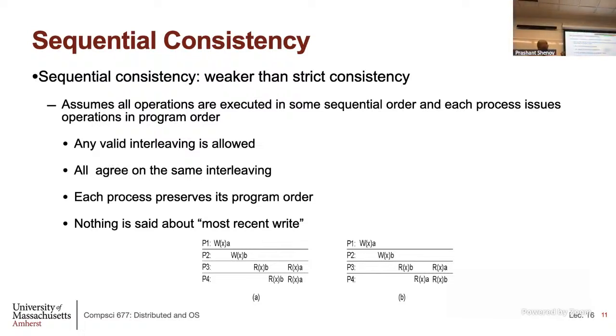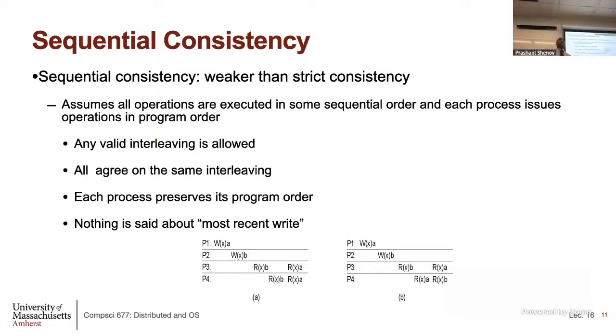The first thing we'll assume is there are n processes in the system. These processes are reading and writing some shared data that's replicated across machines or processes. We'll assume that within a process, operations are executing sequentially. So maybe there is a read from a file and then a write to a file. We'll assume that the process is actually executing them sequentially.